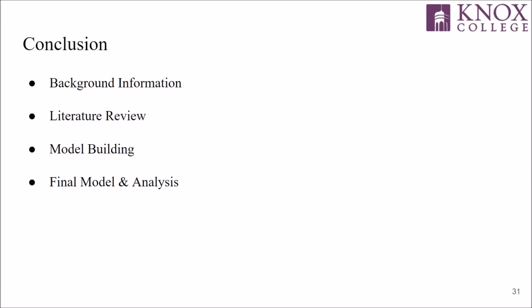So let's have a look at what we've talked about throughout this presentation. We looked at the necessary background information. We talked about options, the Dow Jones Industrial Average, financial econometrics, and econometrics itself. We talked about 3 research papers, the main one being the one published by Black-Scholes and Merton that won their Nobel Prize in '97.